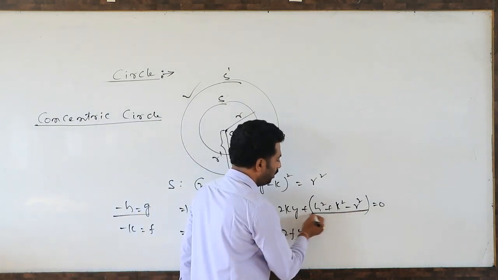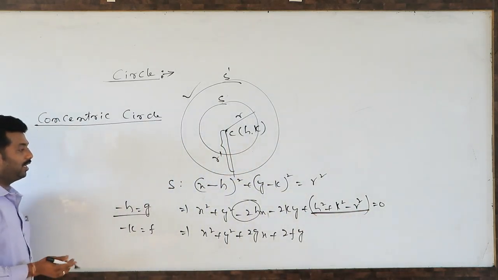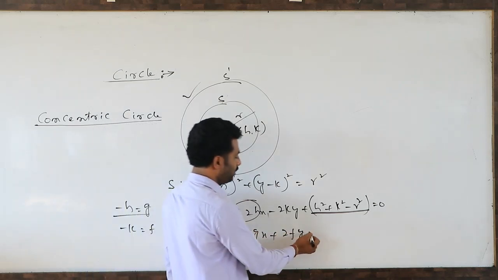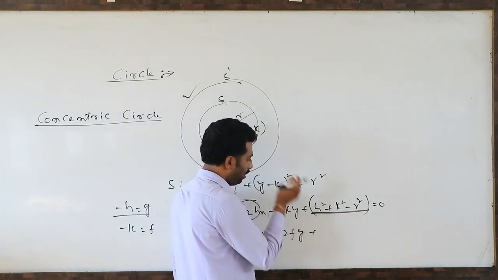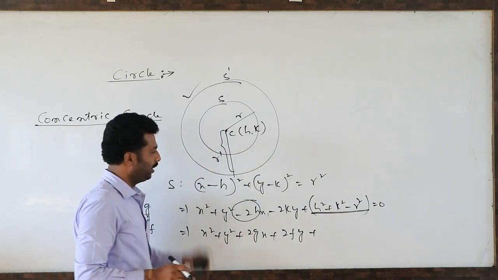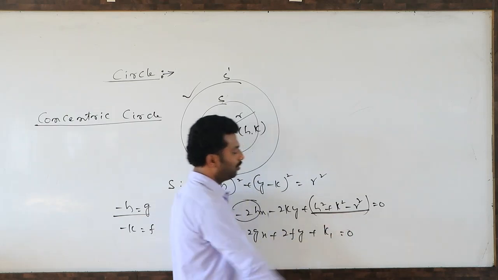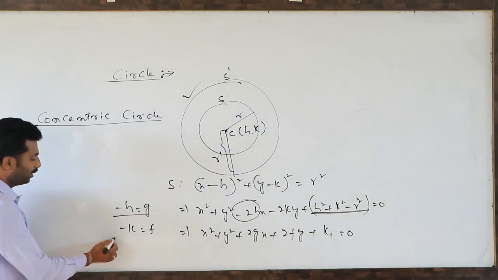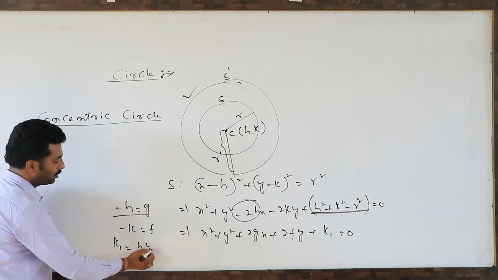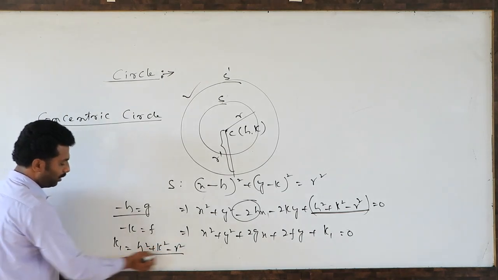This total system, that is k, means lambda we will take. This is lambda, or one value. If we take, already c notation is there, so k1 we are assuming equal to 0, where k1 is nothing but h square plus k square minus r square.